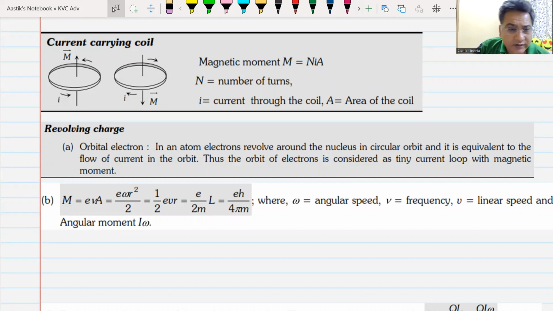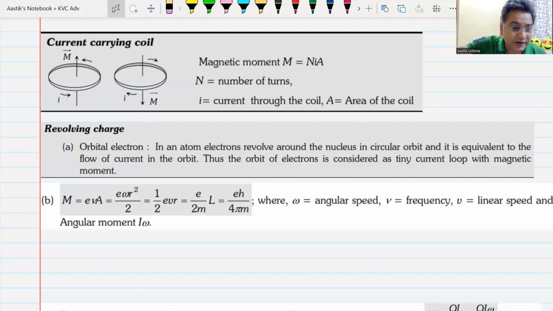A current carrying coil, a current carrying wire, will create a magnetic field, and we can treat it as a magnet. The magnetic dipole moment of this magnet is given by I into A, or N I into A, where N is the number of turns, I is the current, and A is the area vector.